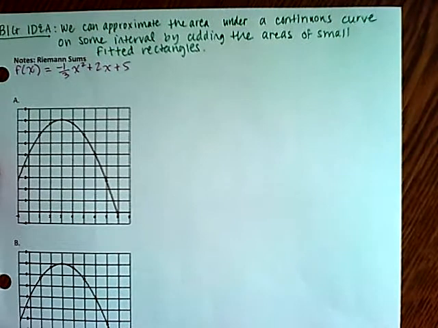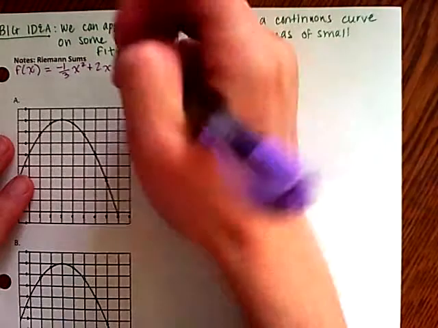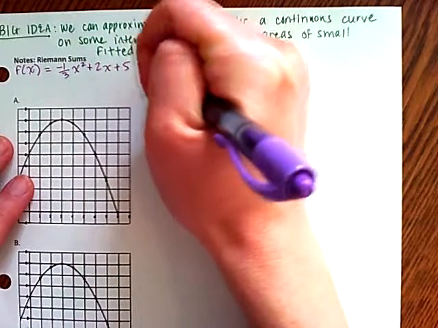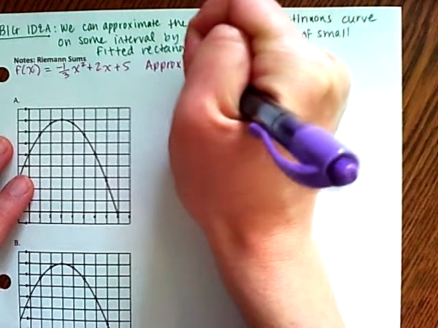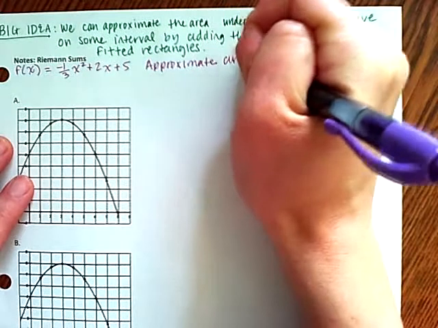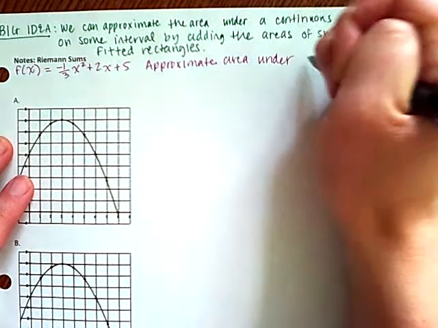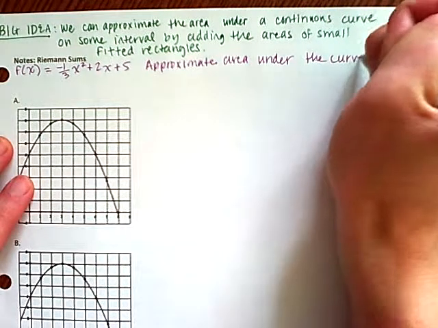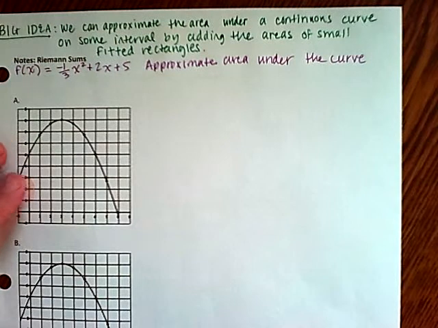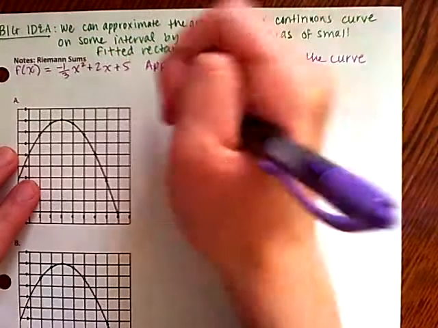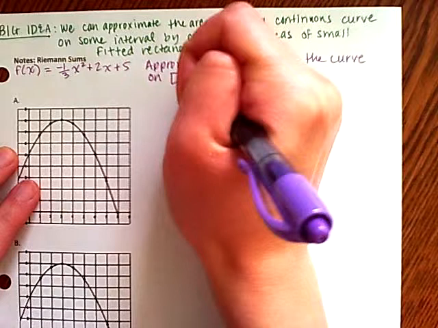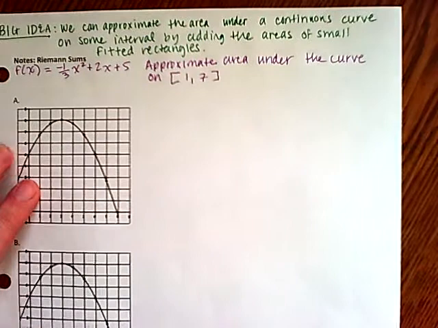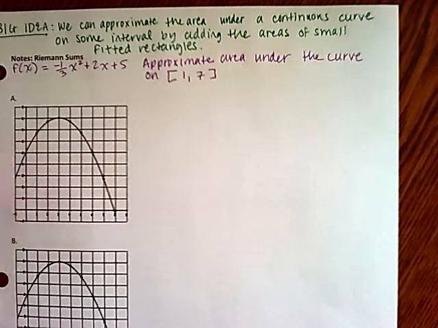I'm going to show you how to do these 3 different ways. For all 3, we'd like to approximate the area under the curve on the interval from 1 to 7, and I'm going to choose to use 3 rectangles.